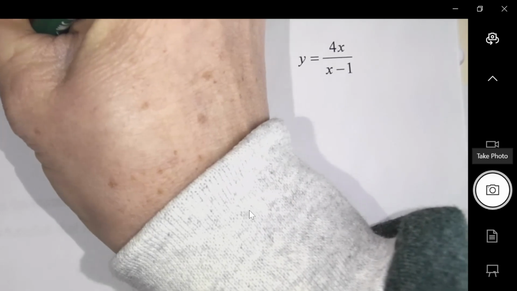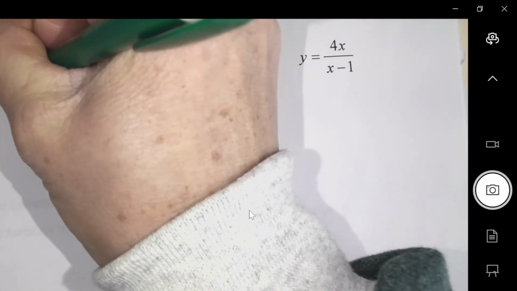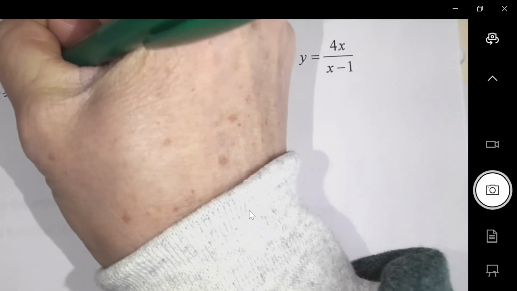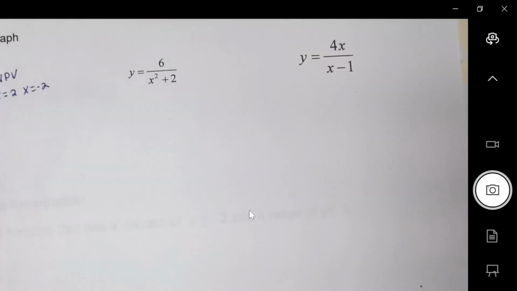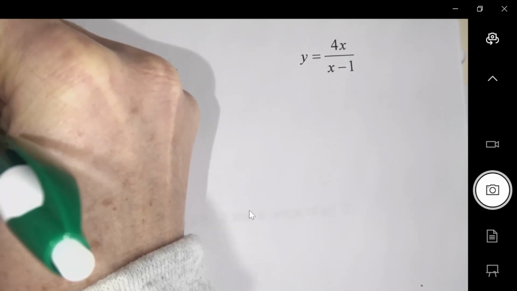Okay, so number one, the first thing is, let's figure out what's not permitted on the bottom. Two and negative 2. I guess I could factor it and we could see that a little bit better.